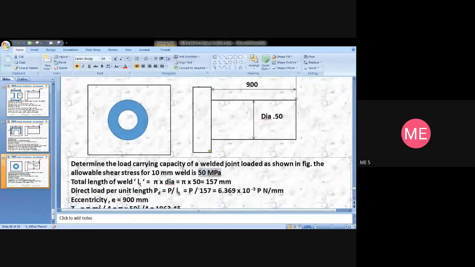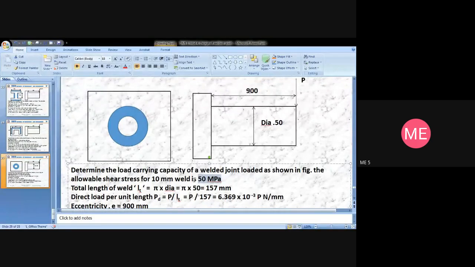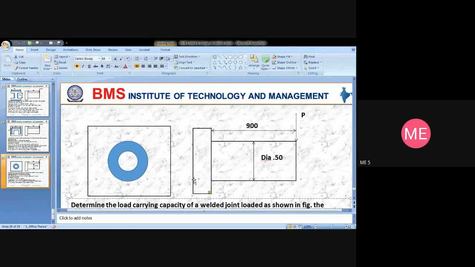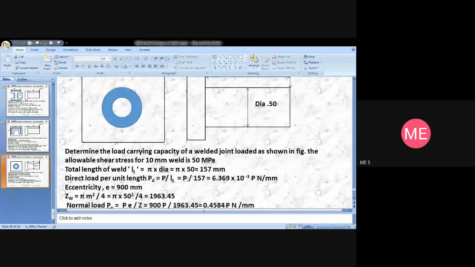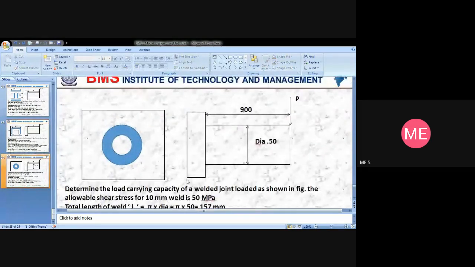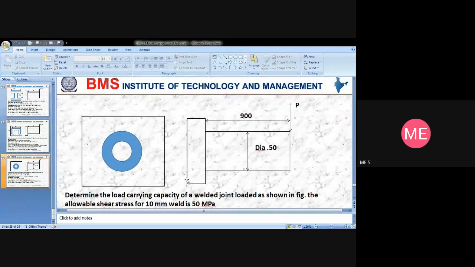So what you need to do to find out total length of the weld. Please note down this problem and solve this problem and let me know the answer. Diameter is 50, so the welding will be around that 50 mm diameter.